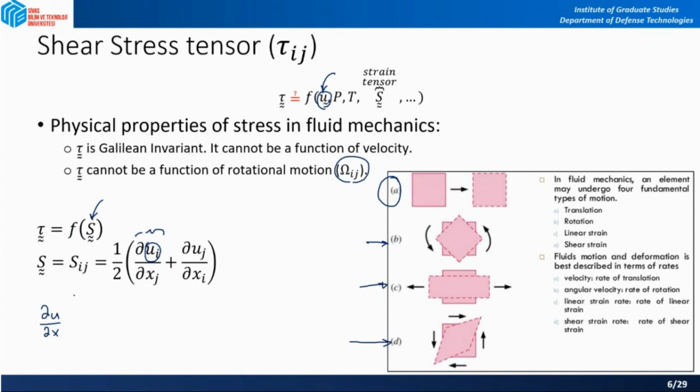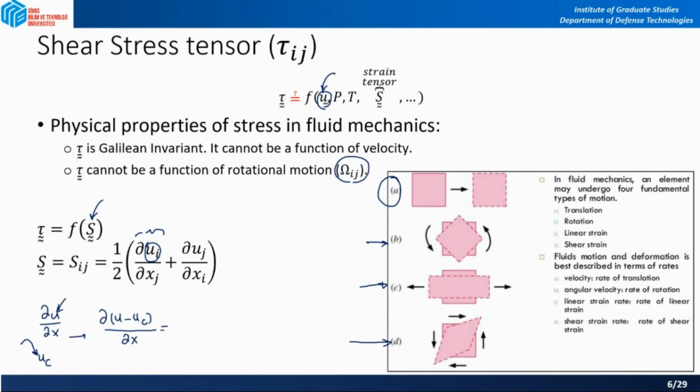If you start traveling with some constant velocity uc, your velocity gradient becomes d(u minus uc) over dx, because you have this velocity u and the frame of reference velocity uc, so your relative velocity is u minus uc.